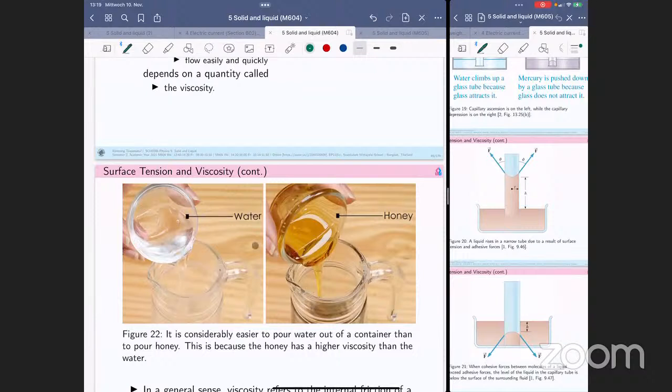On the other hand, if you try the same experiment by pouring the honey, you can see that it's quite difficult to let the honey get into the jar. When you try to pour it, you have to wait quite long so that you can see what is going on.